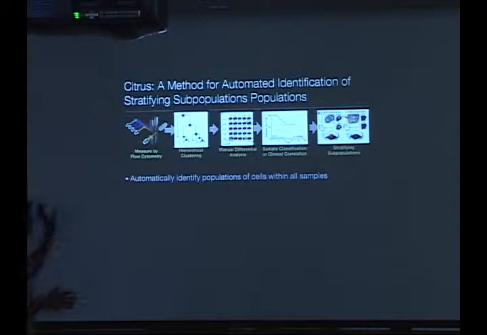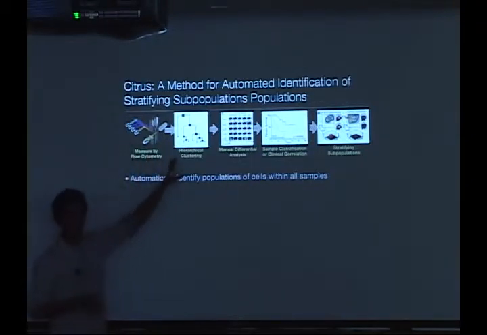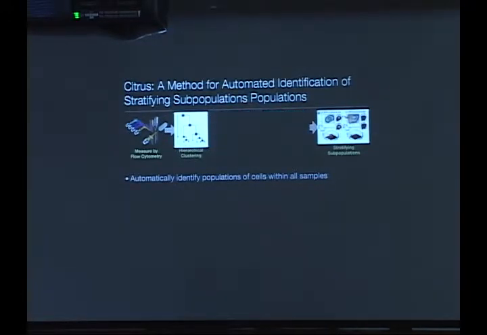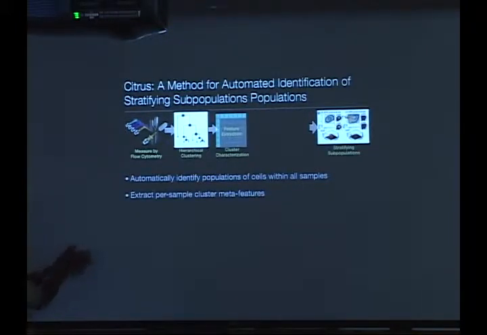So what Citrus does is it mimics this process, but it replaces it with some intelligent computing methods that make it a little bit quicker and easier. So instead of manually gating our data, we're going to use hierarchical clustering to find all the different cell subsets that we can in the data. And then we quantify features of all the different cell subsets that we can find in our data.